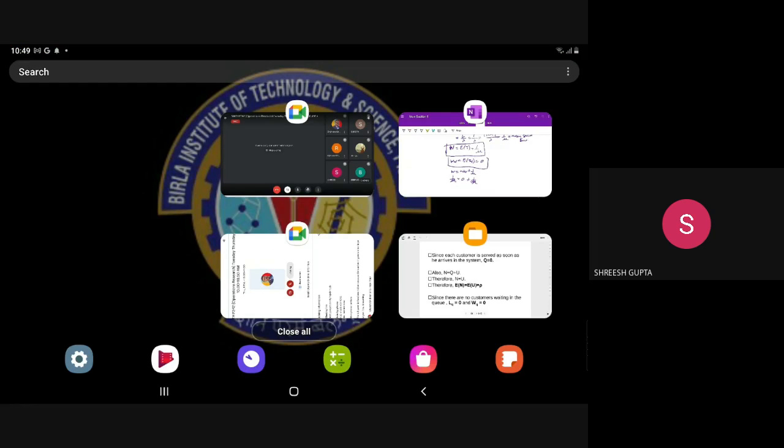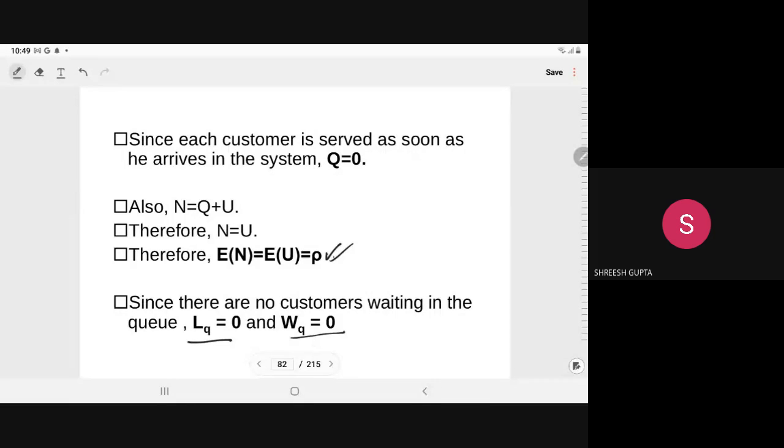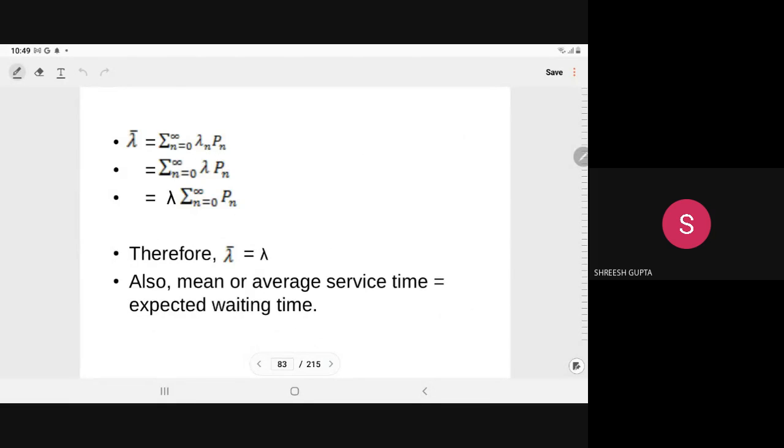So that is the few things about the self-service model, right? We have computed E of N, which is equal to rho. Since there is no customer in the queue, LQ and WQ are equal to 0, as I have explained. Then lambda_eff is equal to lambda; the effective arrival rate is equal to the arrival rate.